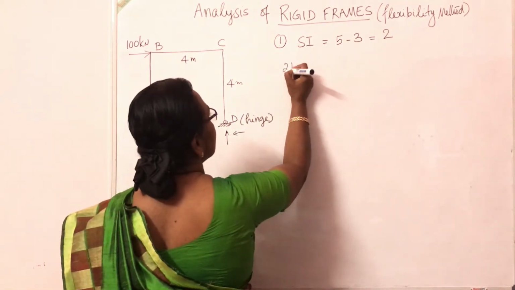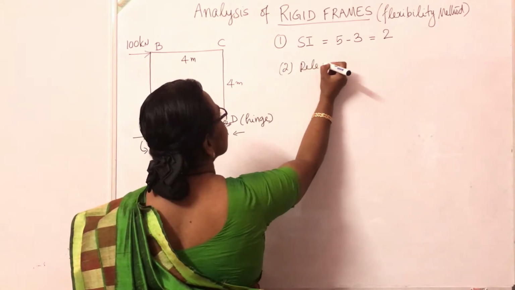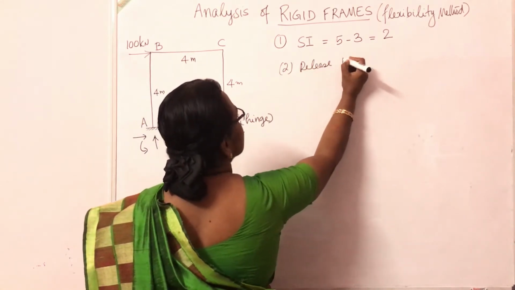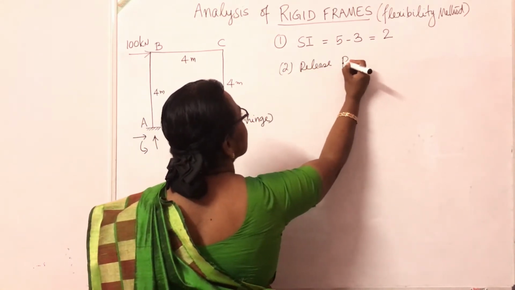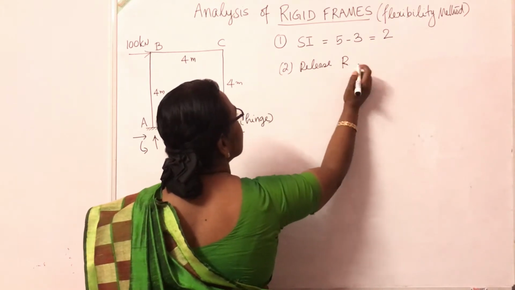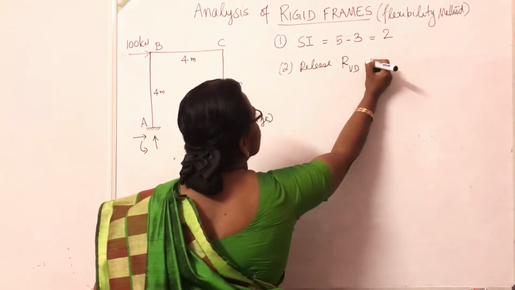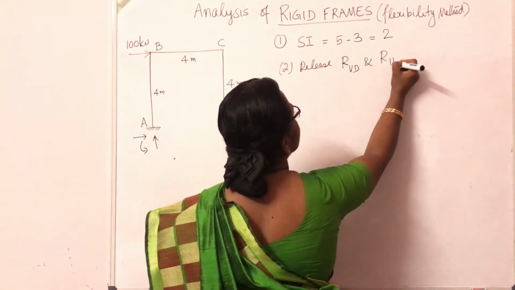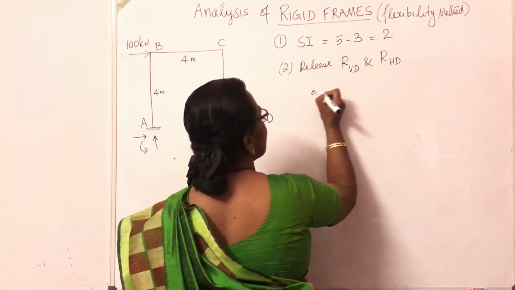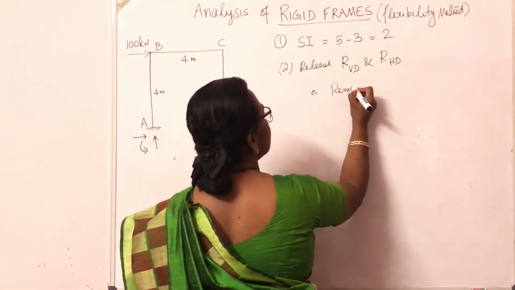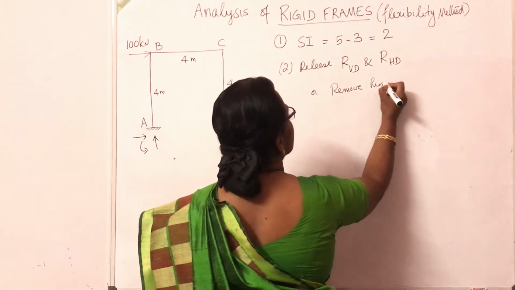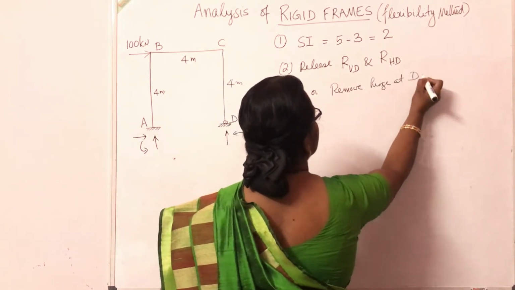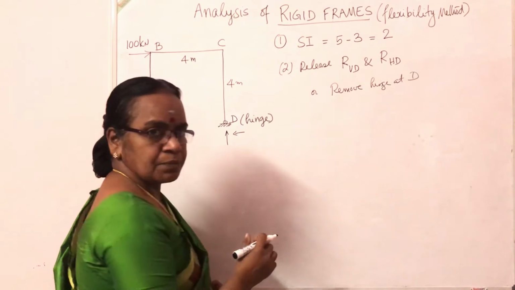So the second step: release the vertical reaction RVD and RHD, or otherwise I can say remove the hinge at D, so that we will get the primary structure.